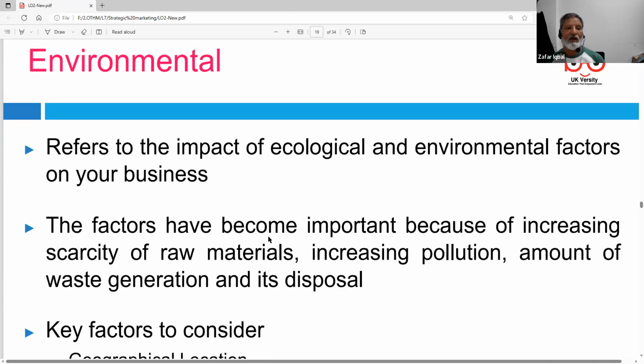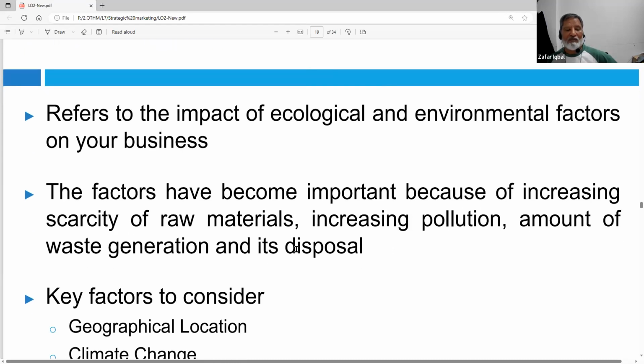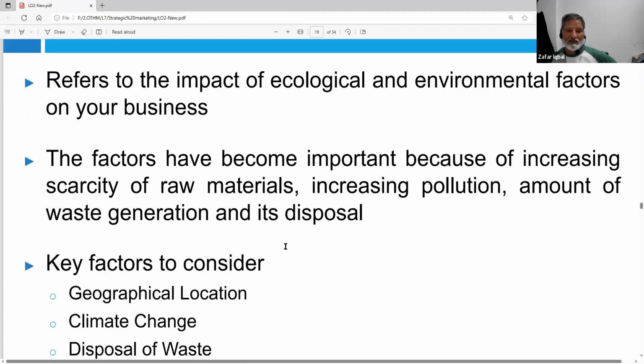These environmental factors refer to ecological factors, or factors that are increasing in society, like the scarcity of raw materials, for example, or pollution, or waste generation, or disposal or recycling, using recyclable materials, or, for example, lead-free petrol, causing less pollution on the roads. So these are environmental and social factors, very important.